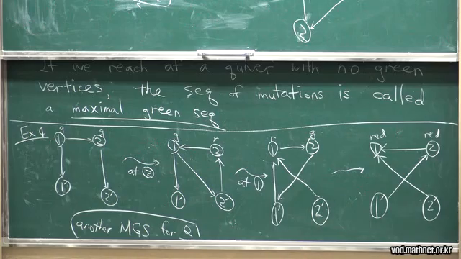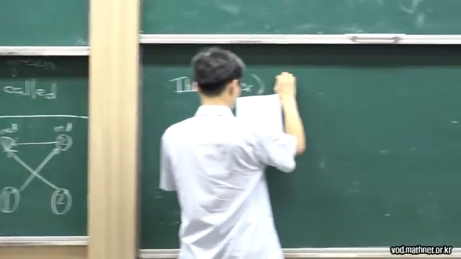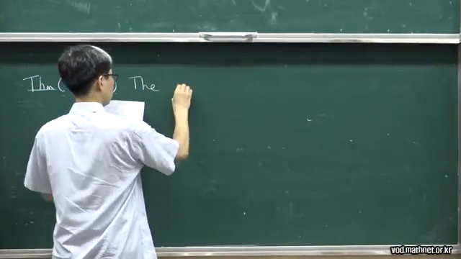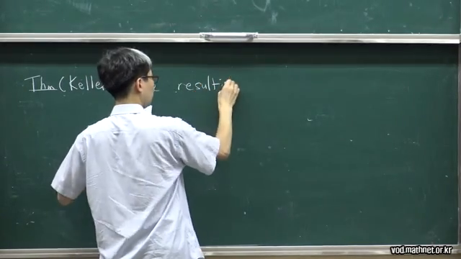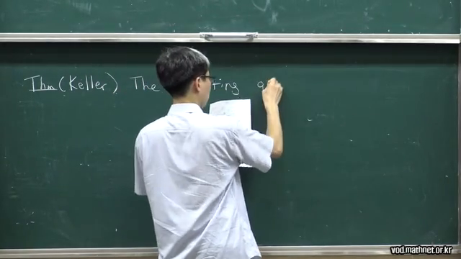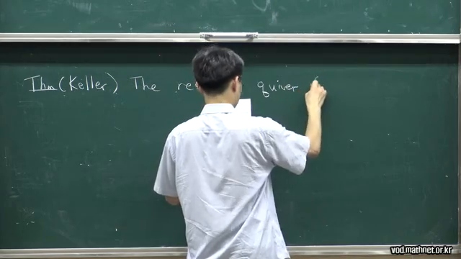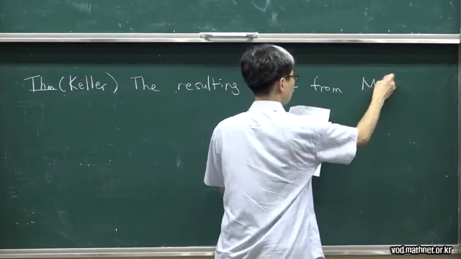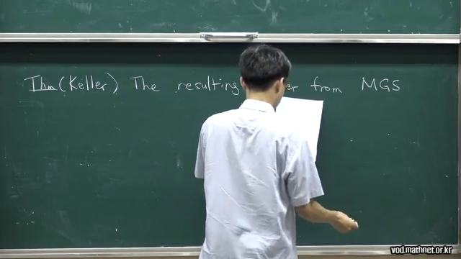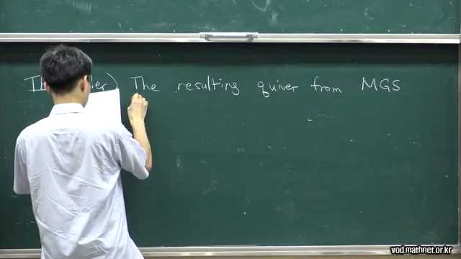So what I just said is actually a theorem of Keller. The resulting quiver from a maximal green sequence is nice.